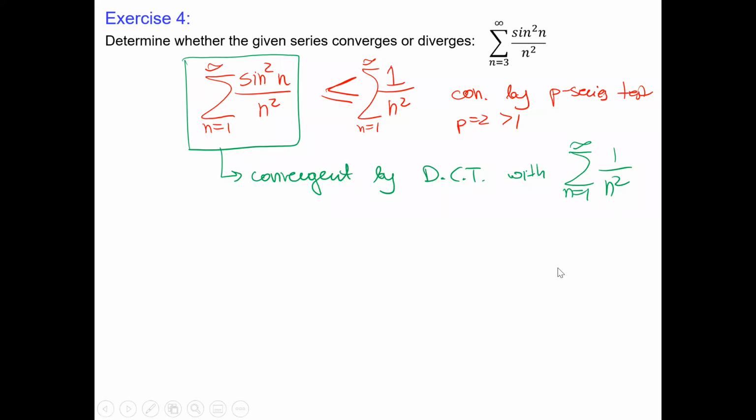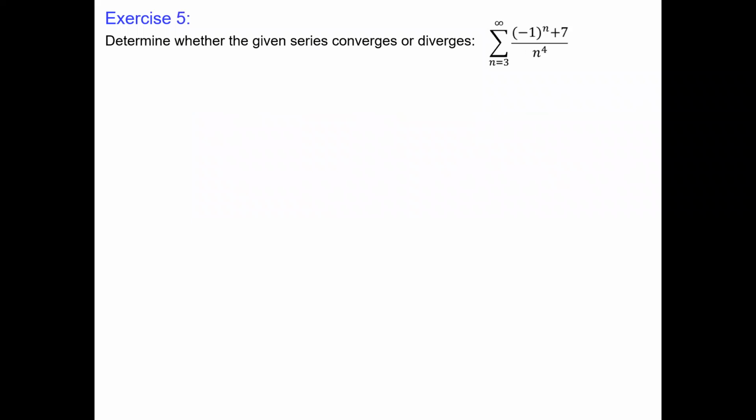Perfect. You will be an expert with the comparison test. Okay, next one. Oh, -1 to the n plus 7 over n to the power of 4. We see -1 to the n, but however, that 7 is making the terms positive. That's why we are not worried about negative terms, because if we have negative terms, we are not allowed to use comparison test. Okay, I will keep this.